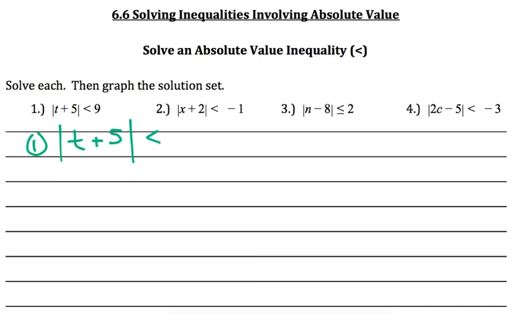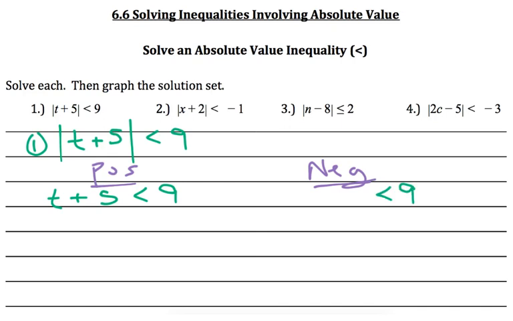Now, if this were homework in a book, we'd rewrite the original equation, where we have the absolute value of t plus 5 is less than 9. And just like before, we'll have a positive and a negative case, which means that either t plus 5 is less than 9, or its negative case is less than 9.